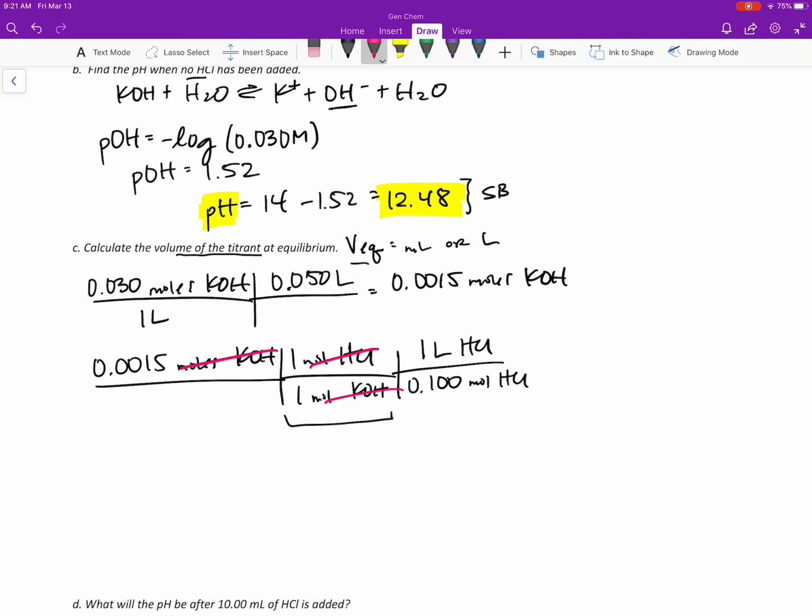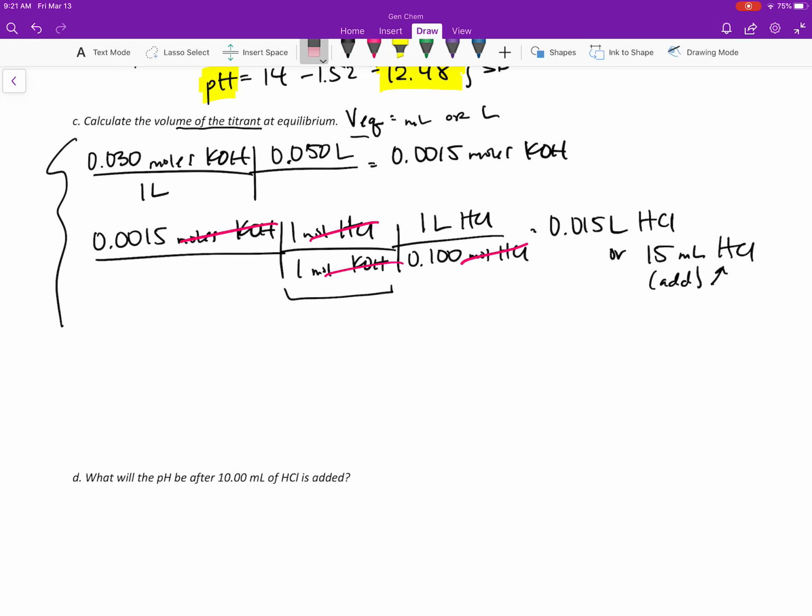Essentially you multiply all the way across and divide by the bottom, and you get that to get to the equivalence point, I'm going to have to add 15 milliliters of HCl. Okay, so it's important to know the equivalence point. It's going to be one of the first things that you do, because at some point the VEQ is going to become important.